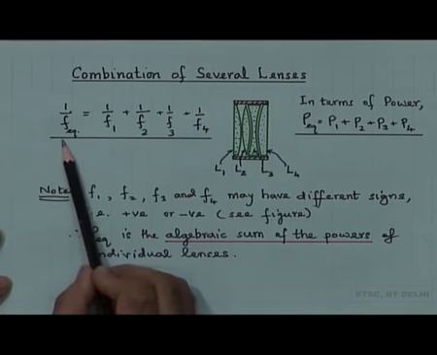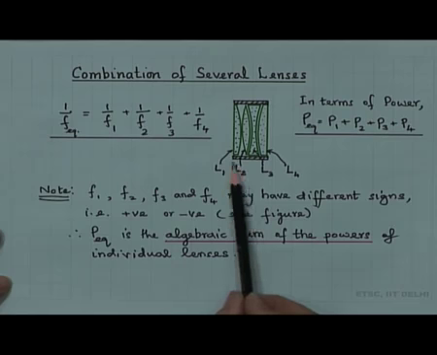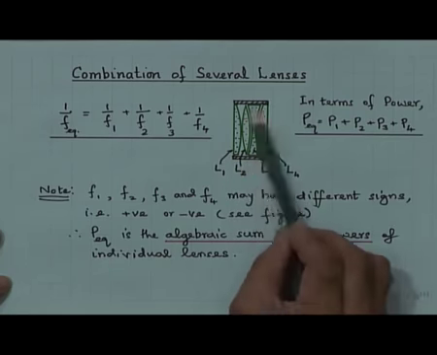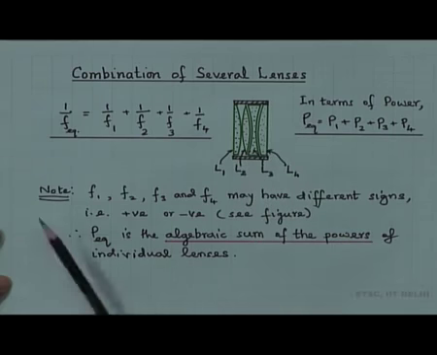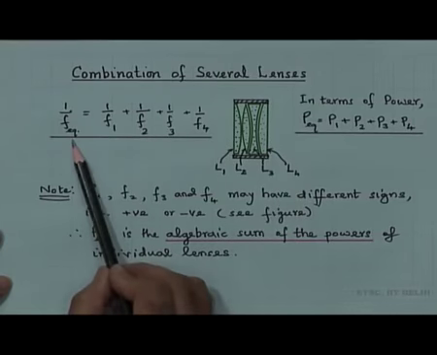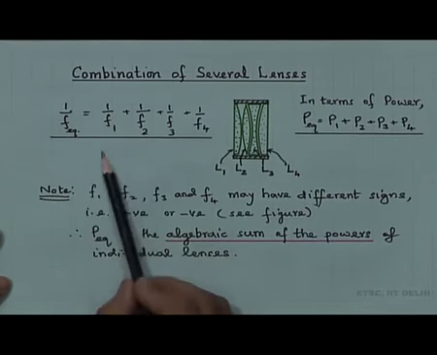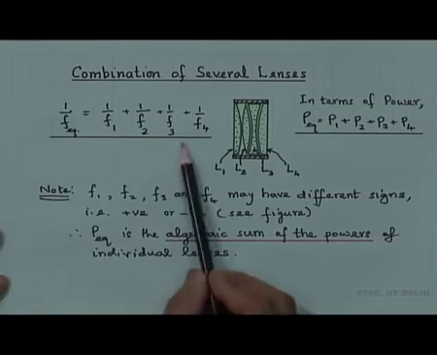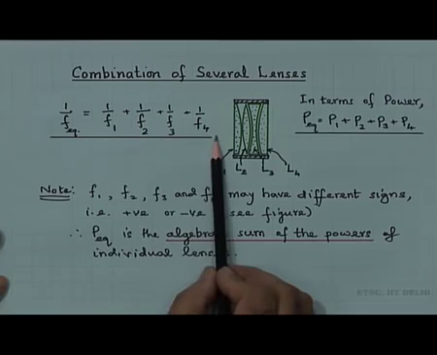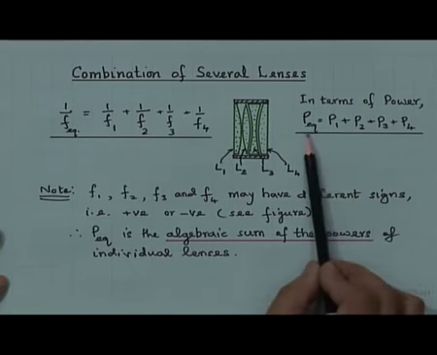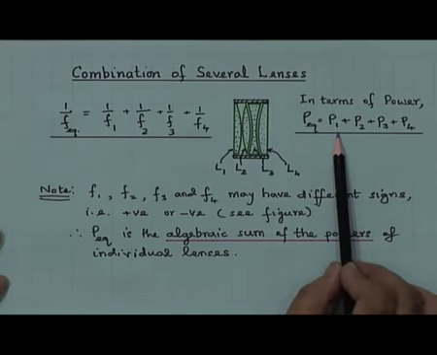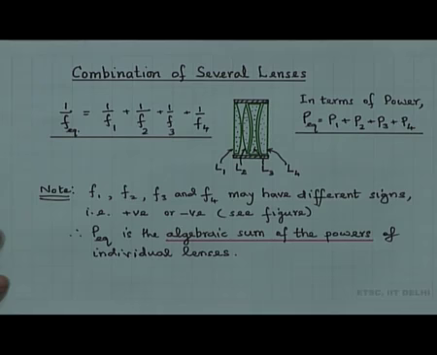So, again the combination. What is shown here as the shaded region is basically fixtures which hold the lenses together. So, the equivalent focal length of the combination is given by 1 by F equivalent equal to 1 over F1 plus 1 over F2 plus 1 over F3. In other words, in terms of power, the equivalent power of this combination is the sum P1, P2, P3, P4.